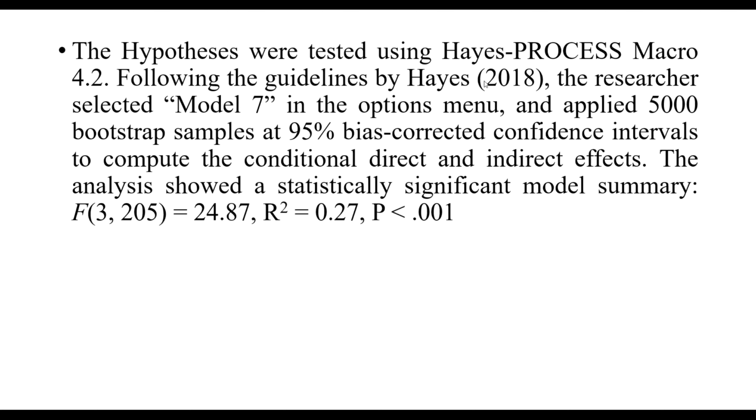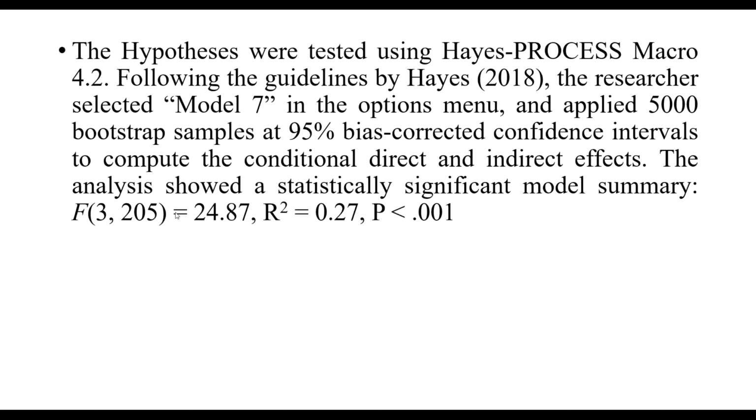Following the guideline by Hayes 2018, you also need to show the reference where you're drawing your strength from. The researcher selected model 7 in the option menu and applied 5,000 bootstrap samples at 95% bias corrected confidence intervals to compute the conditional direct and indirect effects. The analysis showed a statistically significant model summary.